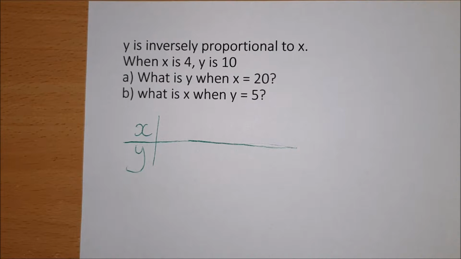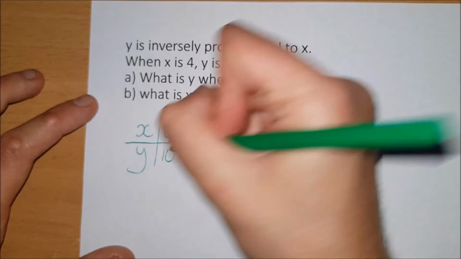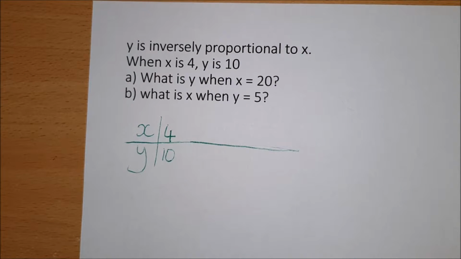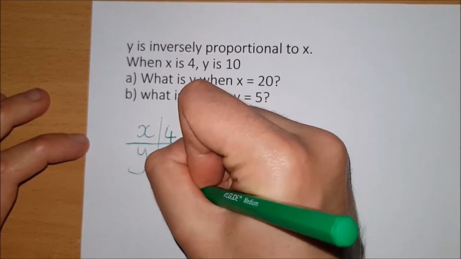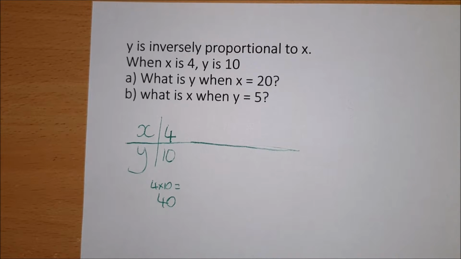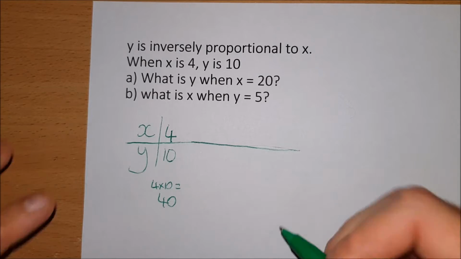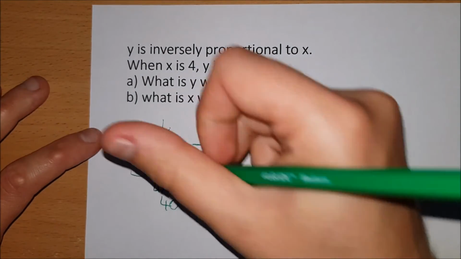But we'll keep it consistent with the other one. So when x is 4, y is 10. And remember, the link between them is when you times them together. So 4 times 10 equals 40. That tells us that whatever those numbers are, they need to times together to make 40. That's our value of k, 40.